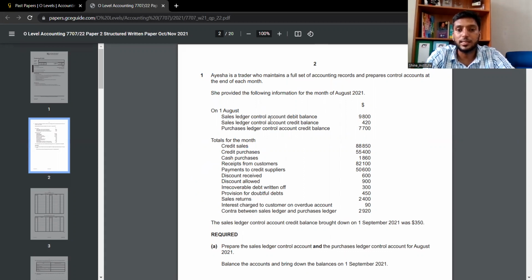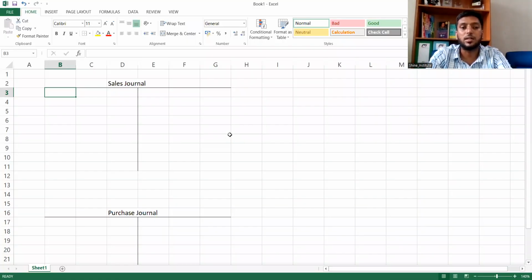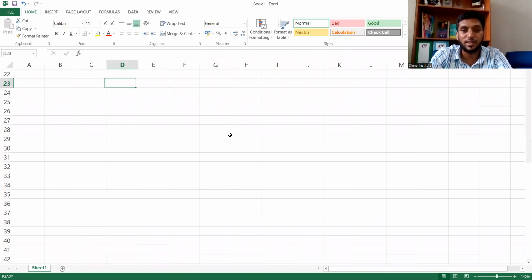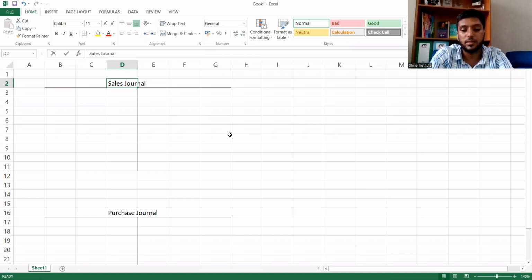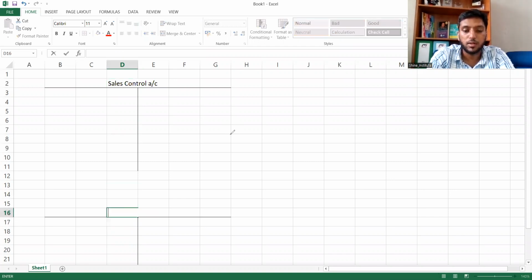On 1st August, sales ledger control account debit balance was 9,800. So I'm going to take the brought forward balance because it is the sales ledger control account debit balance. So in sales journal, it's not sales journal, guys. It should be sales control account. Okay, so I'm going to write here sales control account, and then I used the old format. That's why I have written the wrong account.